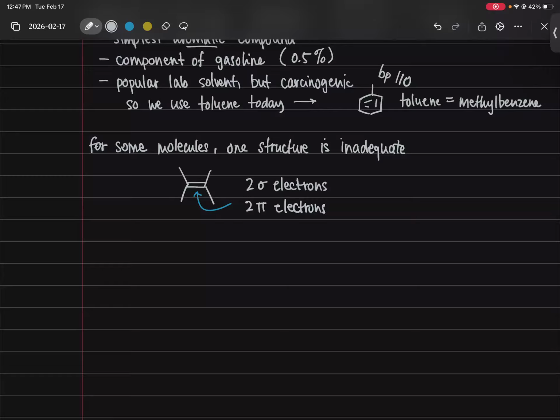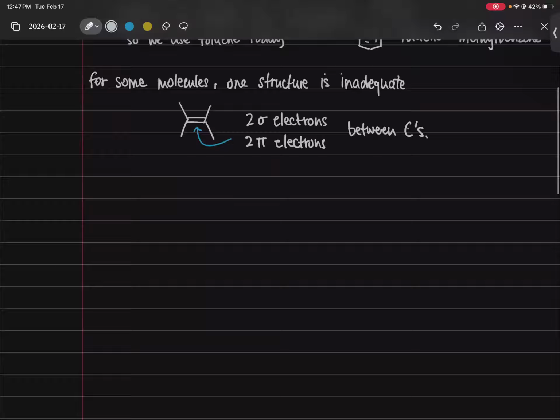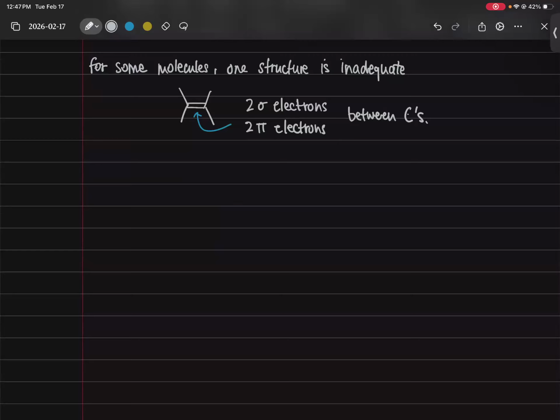What the skeletal structure here is telling us is that those electrons are sitting between the carbons. That's why we draw the bonds in between the carbons. So duh, that's where the electrons are. The problem is that some molecules don't cooperate so well with this rule.